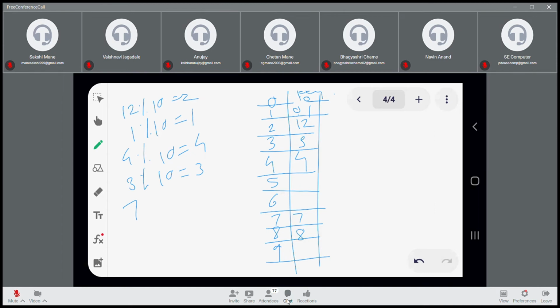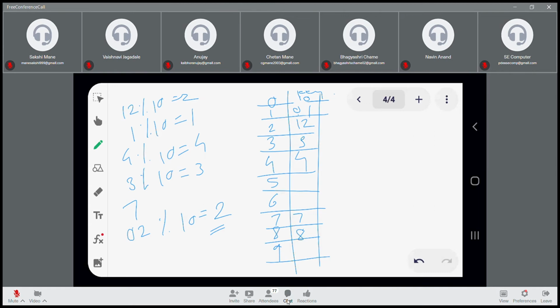Okay. So after that 2. Now for 2, your index is 2, but 2 is not empty. And first, suppose we are applying linear probing without replacement.